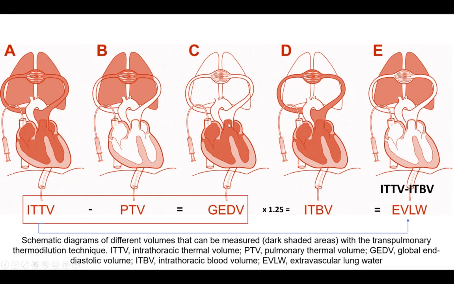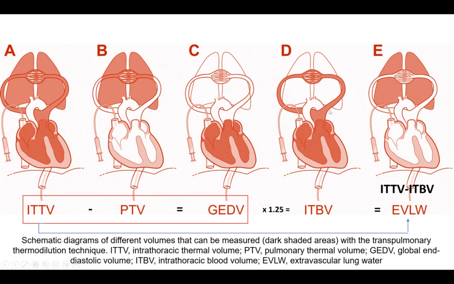You end up having the global end diastolic volume, which includes the right atrium, right ventricle, left atrium, and left ventricle. Now, if you multiply this by 1.25, you add the pulmonary circulation to it, and this is what we call the intrathoracic blood volume.